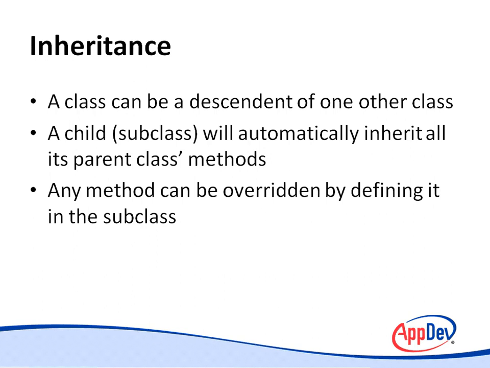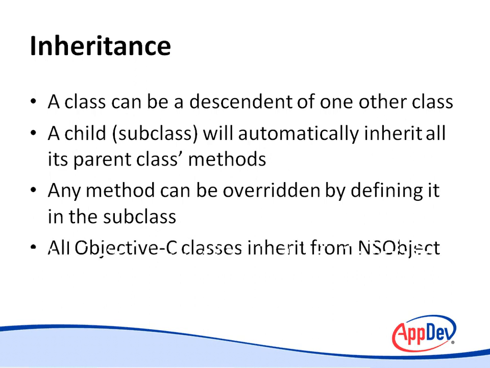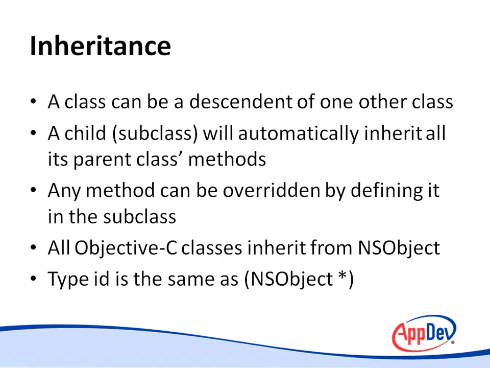And the easy way to override any of this parent class's methods is you just redefine the method in your code and it will override that method. And the other important thing to know is that all Objective-C classes will inherit from NSObject. So that's the base class on which everything else is designed. And the type id is the same as NSObject. So you'll see things called id in the code, and that just means it's some type of NSObject.